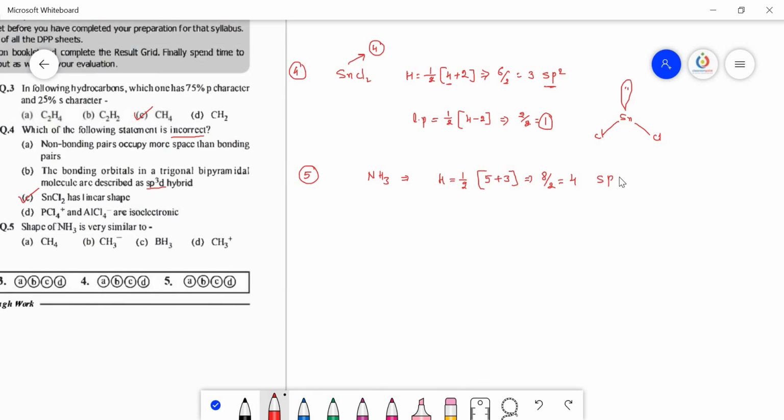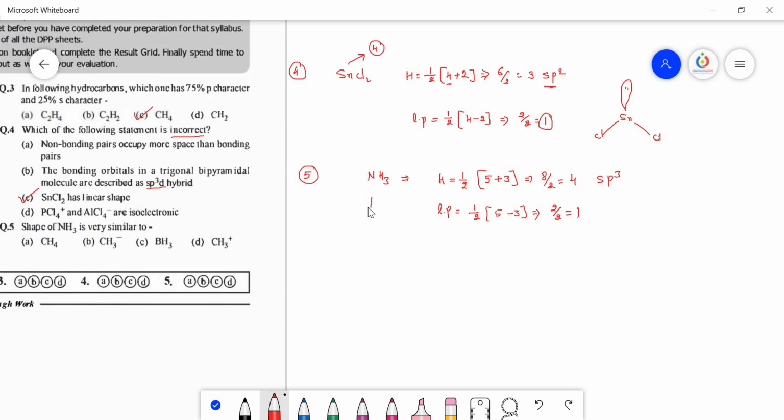That means sp3 hybridization, and immediately you calculate the lone pair of electrons also. Half into valency 5 minus total bonds 3, so 5 minus 3 equals 2, by 2 equals 1. So here one lone pair of electrons is there.